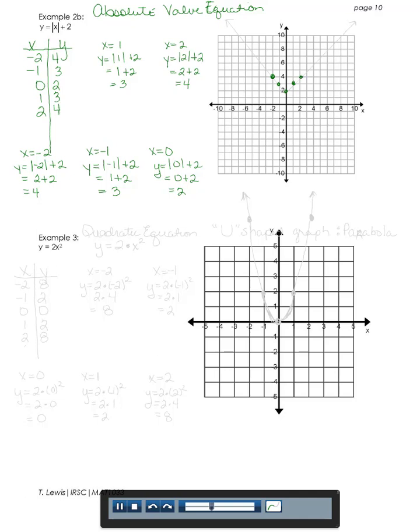What does the graph look like? Chicken feet. A chicken foot. That's what my boy Ross called it over there. What letter does it look like? A V, yeah. Chicken feet look like the letter V. When you take the absolute value of it, what is it equal to?